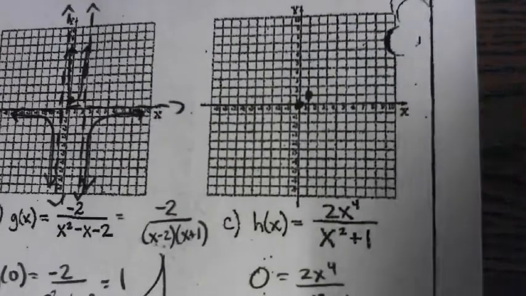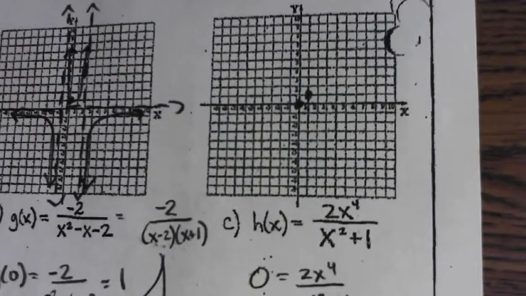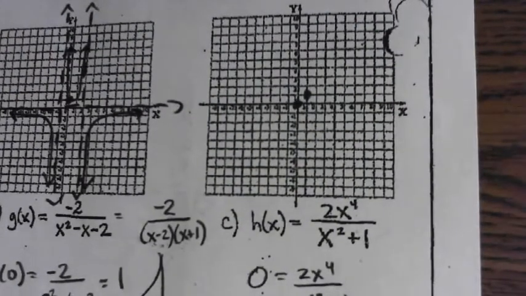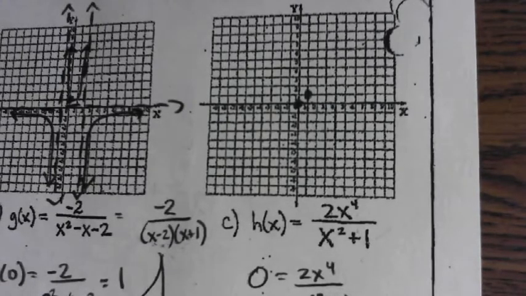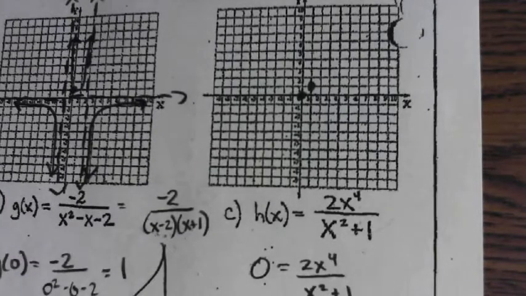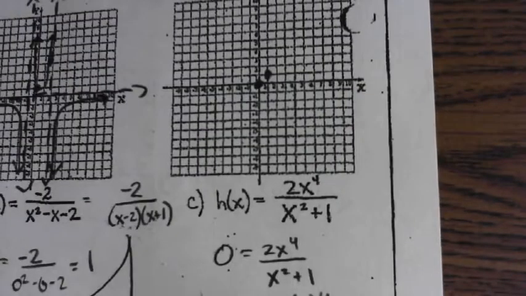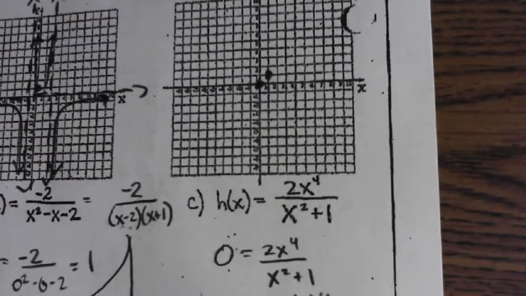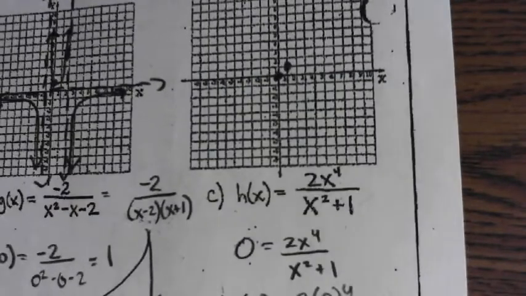What's h of 2? Take a minute, think about that. Mackenzie, what do you think? 6.4. 6.4 is correct.